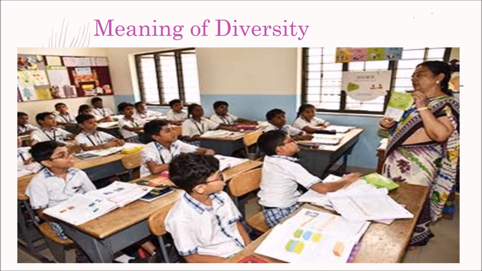Your classmates come from different localities and different families. So what is meant by different localities? Different localities means different places or different locations. So your classmates come from different places and different families.